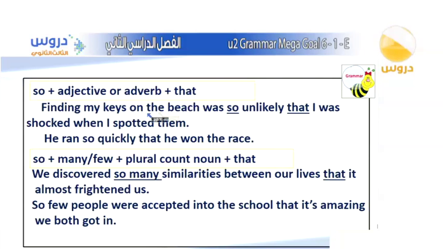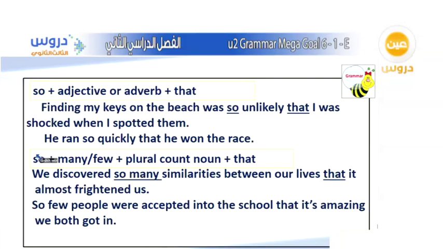Finding my keys on the beach was so unlikely that I was shocked when I spotted them. He ran so quickly that he won the race. Quickly is an adverb. What's the effect of being so quick? He won the race.